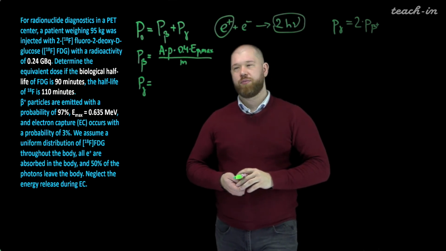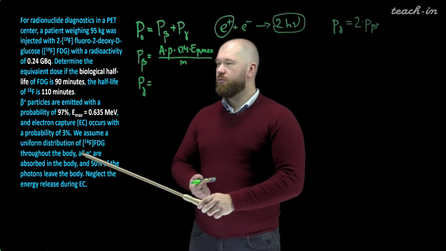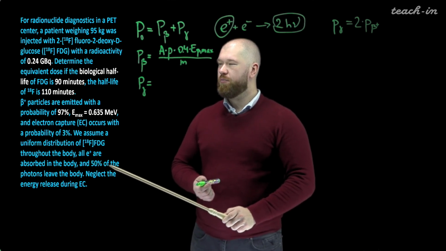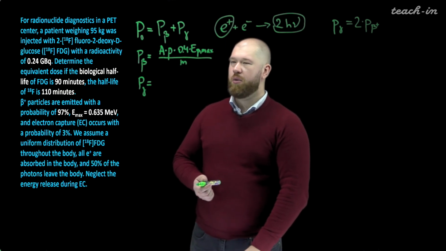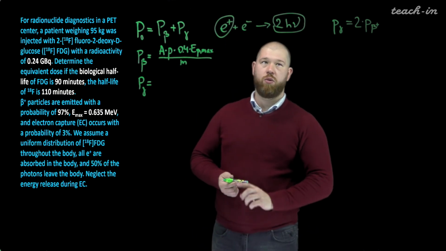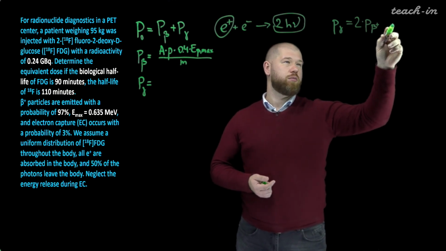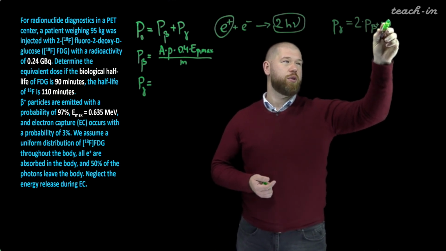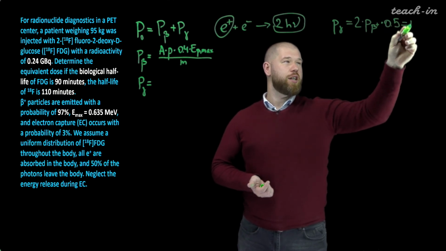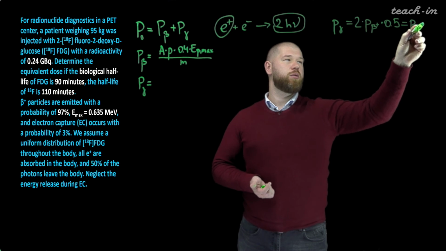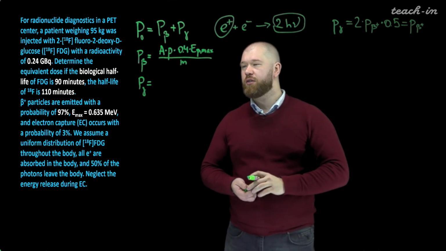But we assume that only 50% of all the released photons will be absorbed in our body. That means that we have to multiply it by 0.5, and in this case it will be equal to the intensity of our beta particles.